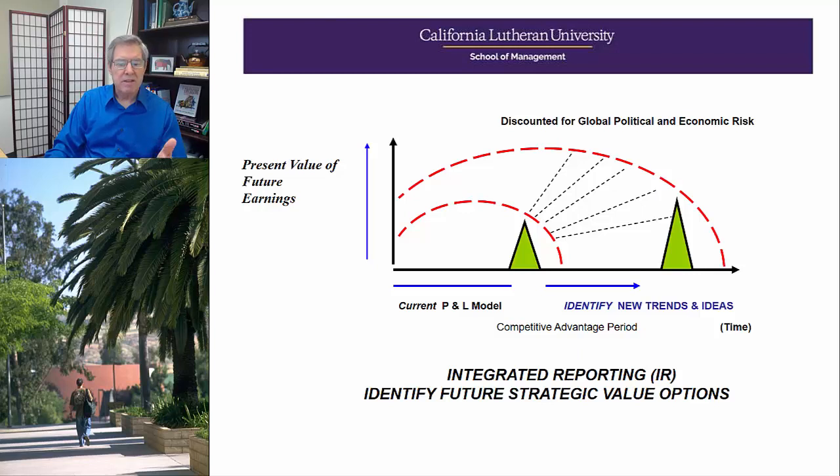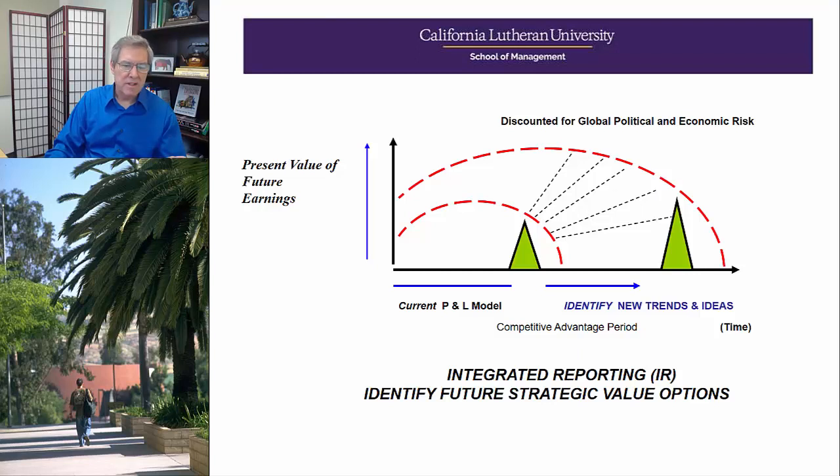If we look at this competitive advantage period model on your screen at the moment, you can see that there's two life cycles. The first one is the smaller circle in red. The larger one is the future life cycle of the organization. So looking down the bottom, we can see we have the current P&L model, and then after that is identifying new trends and ideas.